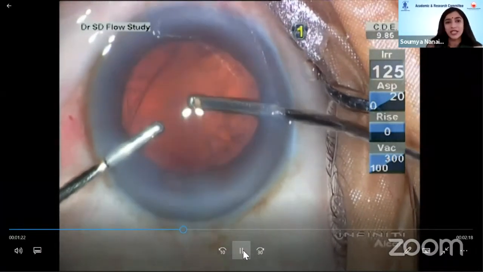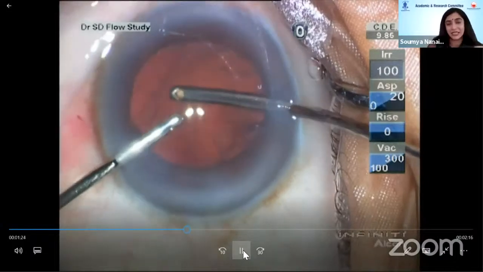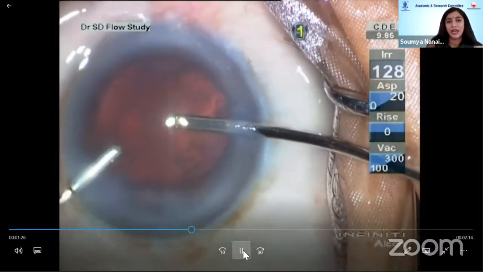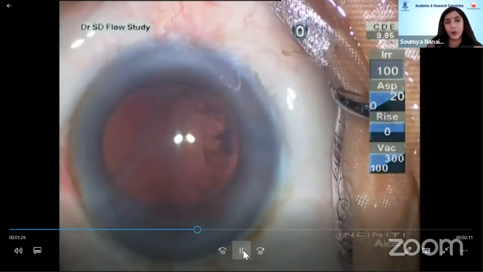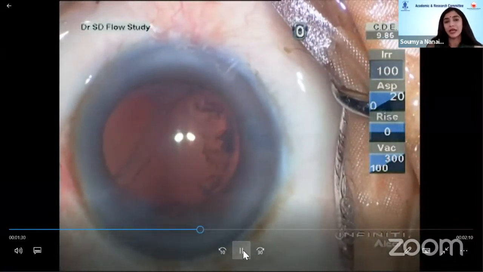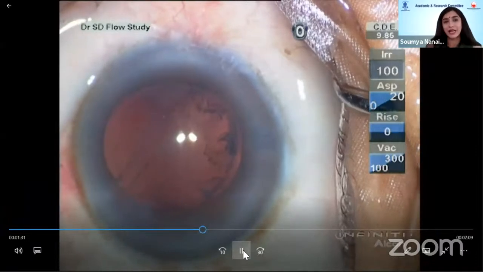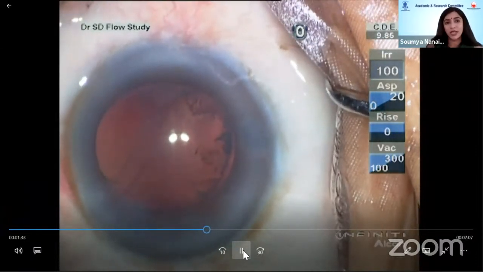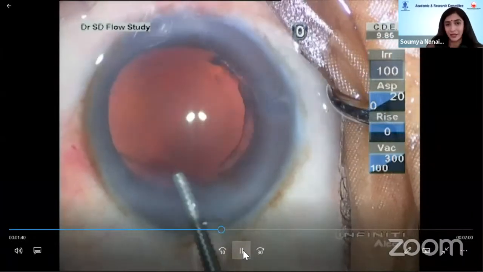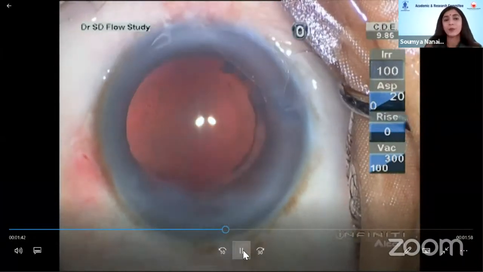But it's very important when you notice zonular dialysis to make sure there is some viscotamponade before removing the irrigation port. I would probably now inject a dispersive viscoelastic into the capsular bag before removing the irrigation port, if it were to happen in a case now.